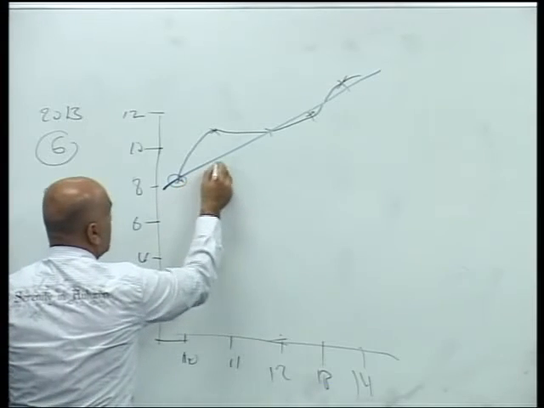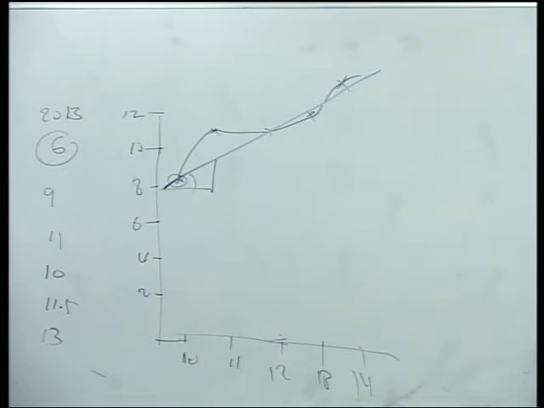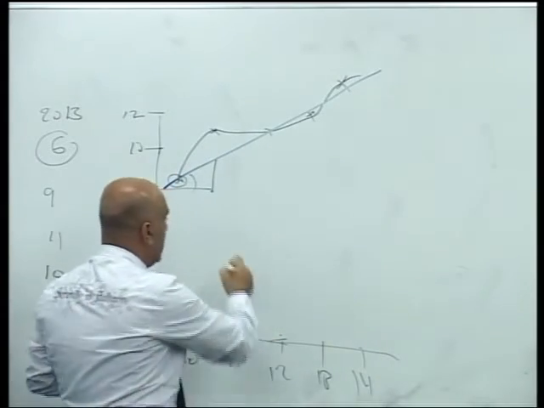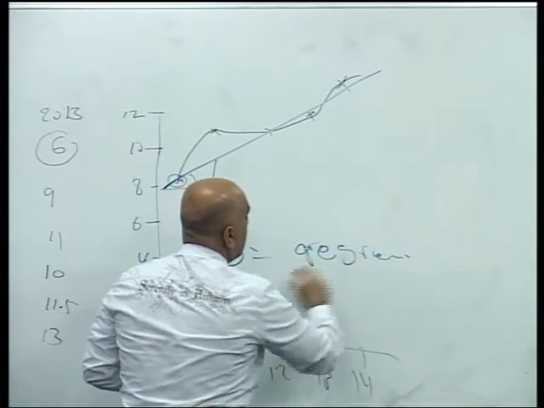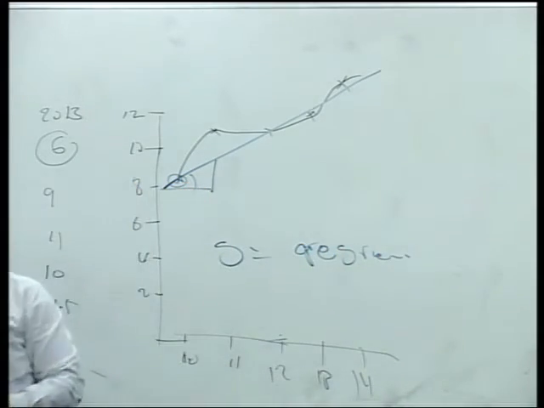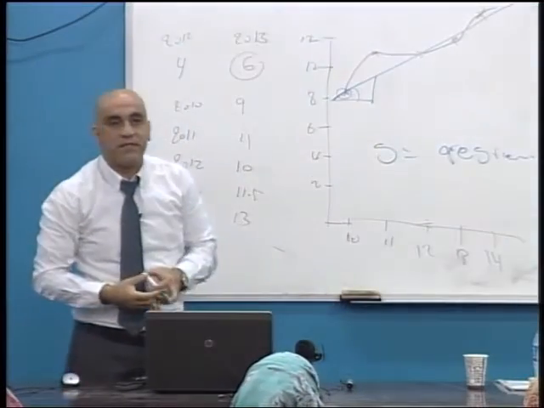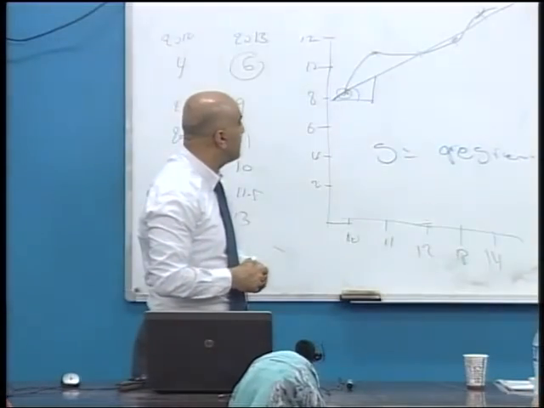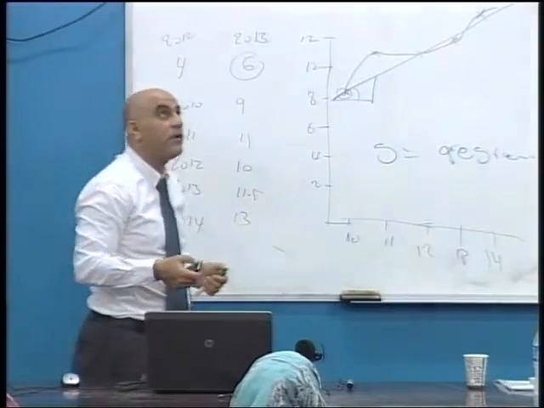By using your experience in mathematics, you can estimate the slope of this, and find the growth by using regression analysis, or you can use some mathematical tools. You can go back to financial management or statistics. It's easy to do this. So this is the growth of the stock.